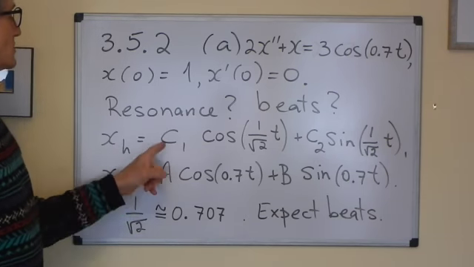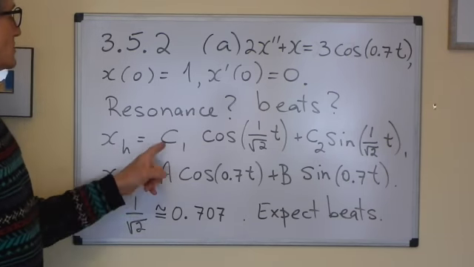And for the particular solution, we're going to guess something that has the same argument, 0.7t, as the right-hand side. So we're guessing some constant A times cosine 0.7t plus some other constant B times sine 0.7t. After we determine A and B based on getting the right-hand side, then we will determine C1 and C2 based on the initial conditions.